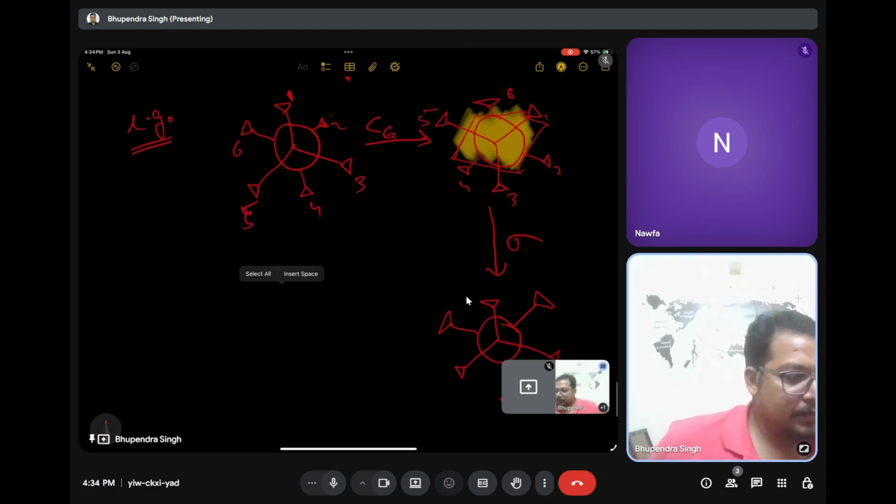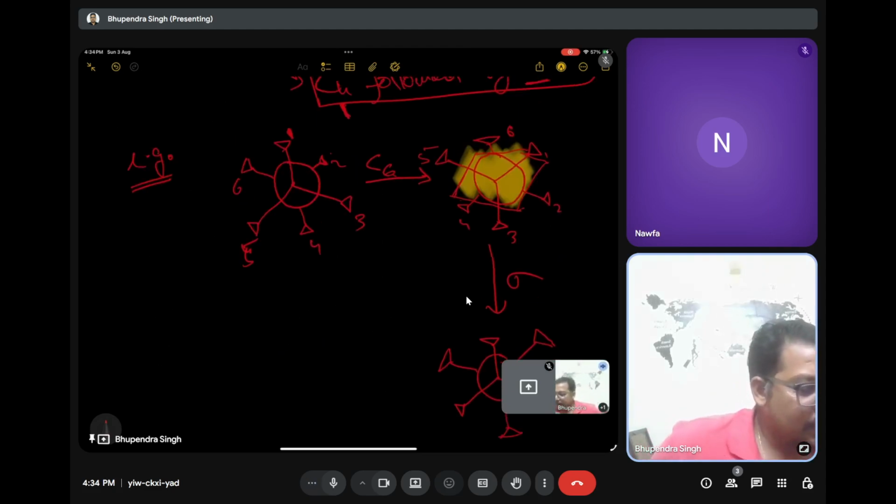See here, for applying the axis of symmetry, you have got this orientation. Let's say this is A, this is B, this one is C. B and C are not equivalent orientations. If you look closely, this C6 is going from above, but here this C6 is below.